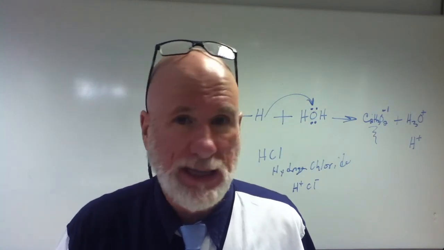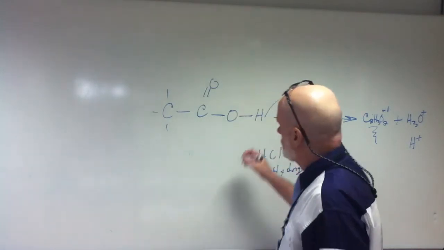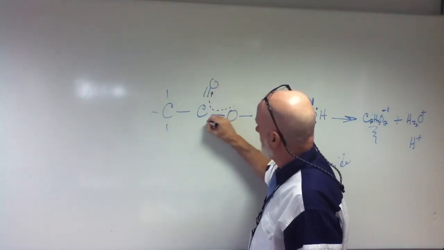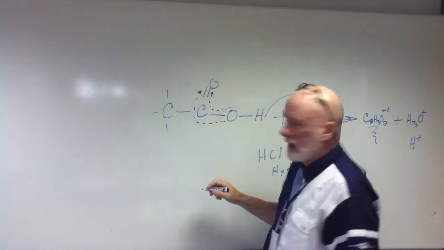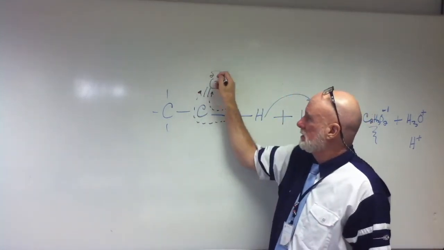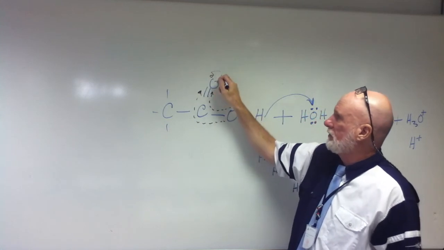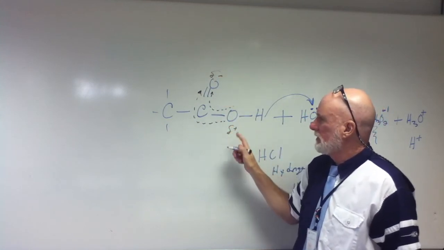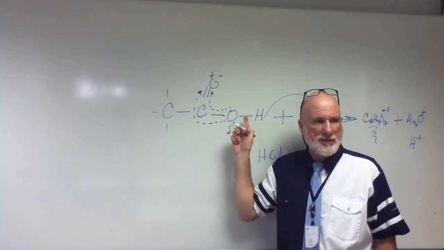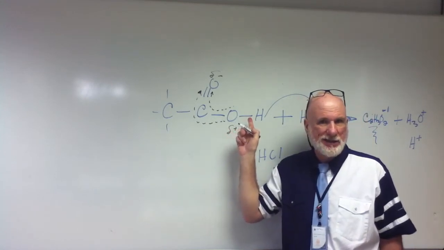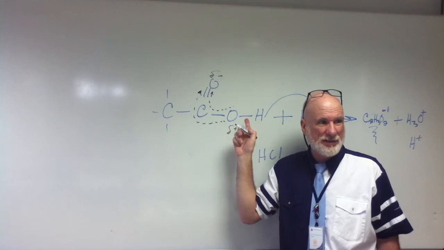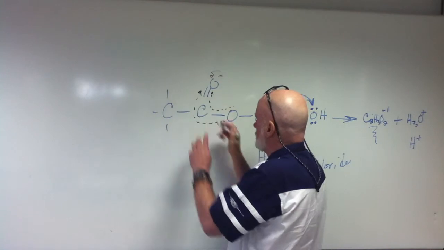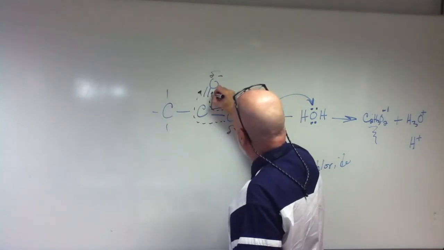It sucked up all the electrons, making this partially negative and this partially positive. It's a little weird to make that oxygen partially positive, isn't it? But there's a shift of electrons. There's a dipole literally going like this.